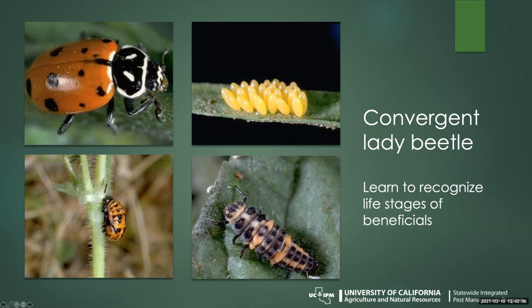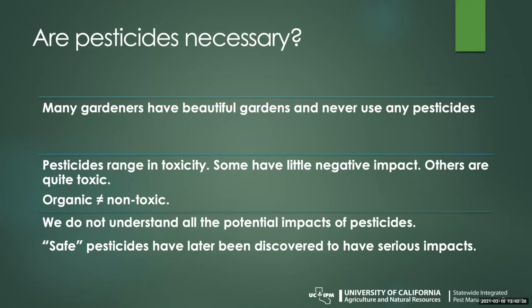And so recognizing the different stages of the biological control agents will help us know that, oh, this isn't a pest, this is actually a good bug, and let's make sure to take care of it. And then this is the pupal stage of the lady beetle. So again, when we have our biocontrol talk, we'll get more into different kinds of lady beetles and other organisms.